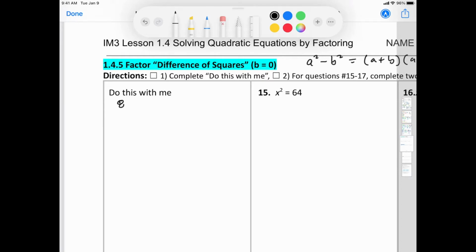It has 81 minus x squared. I will show you guys the two methods, and you can choose which one works for you. It's just hard to distinguish when to use each of these methods. Okay, 81 equals x squared.